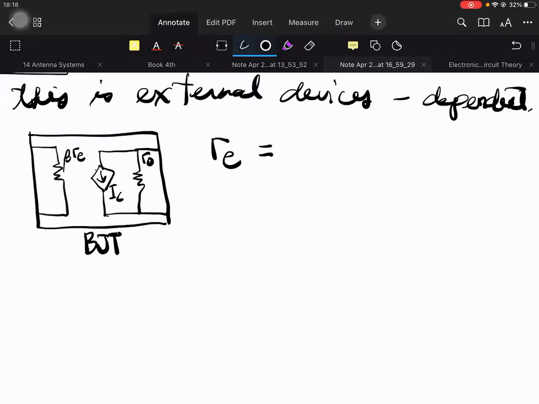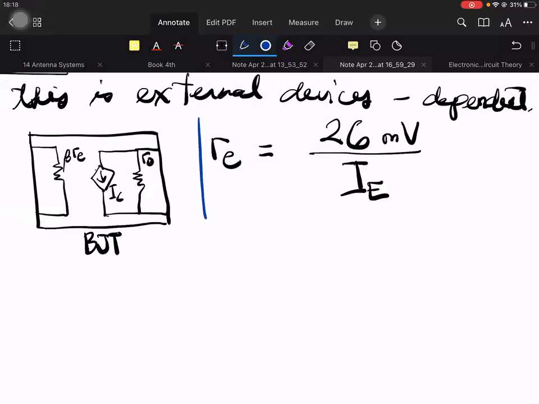Pero let's just state this as is. So RE is equal to 26 millivolts over DC IE. So that's how we'll be able to solve for our RE. And this will also work for any configuration.